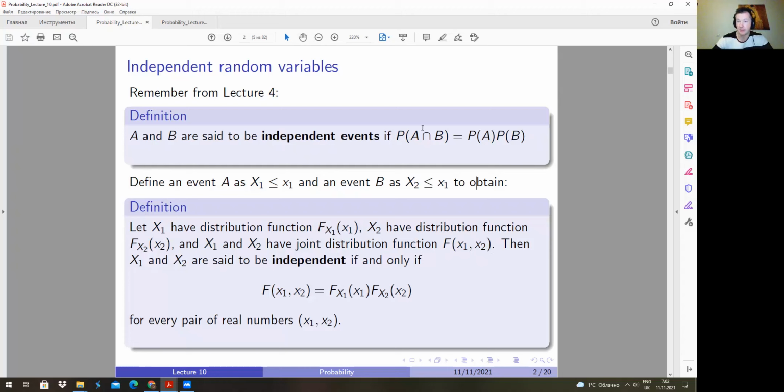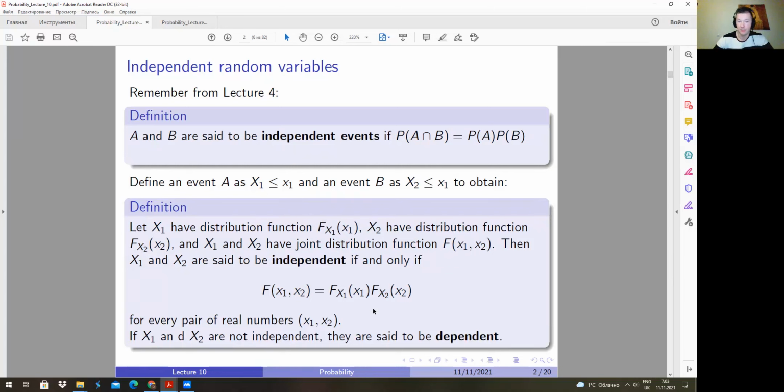Well, basically, that's exactly the same thing as we know about the independent events. Now, these events are defined as random variables being less than or equal to a given number. If this holds, then we call two random variables independent.